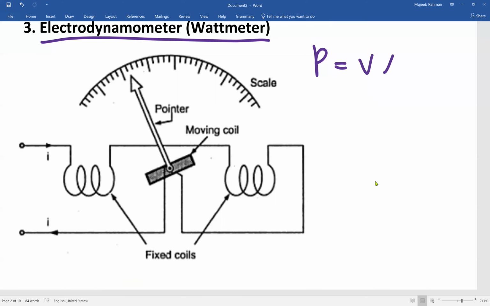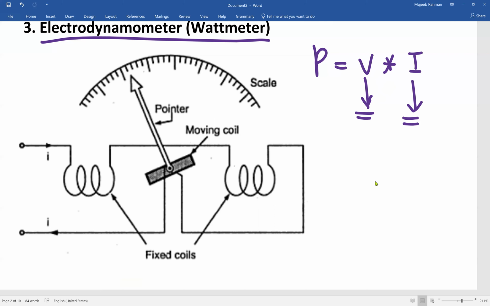So in this type of instrument, there must be two types of coils: one coil is applied across the supply so that it measures the voltage, and one coil will carry the load current. In this image, you can see that there are two types of coils.